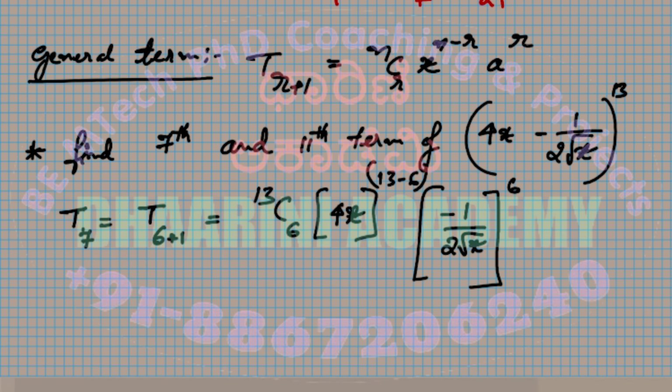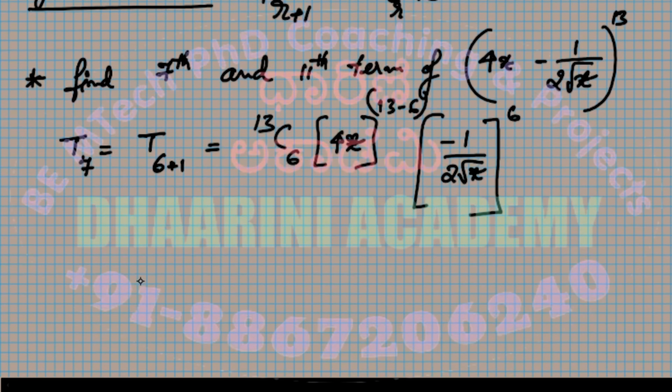So I need to simplify. Let's calculate 13C6 later. Let's first find 13 minus 6, which is 7. So this is 4 raised to the power 7 into x raised to the power 7, and then we have the negative number.